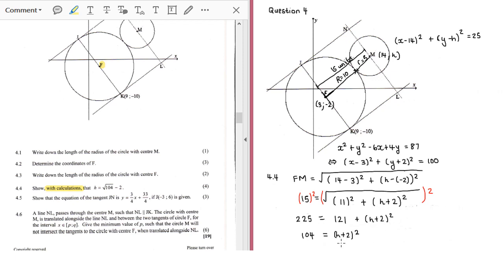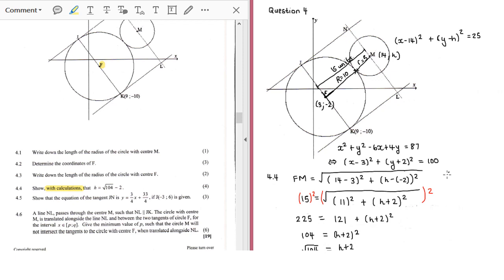Now notice that the expression h plus 2 has to be a positive value, since h is on the positive y-axis. So it makes sense that we are just going to look at the positive square root of 104, and that equals h plus 2.